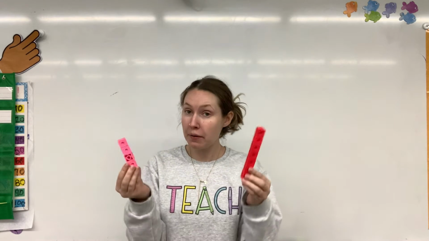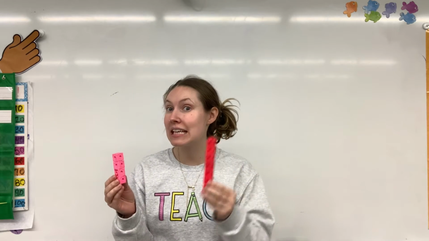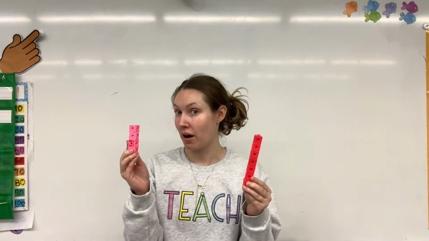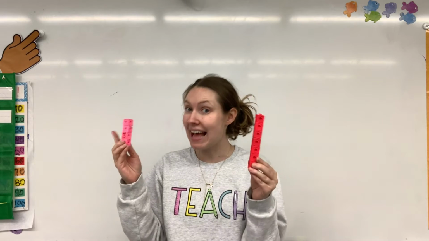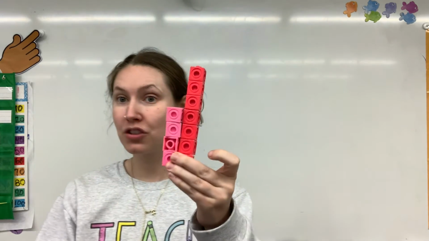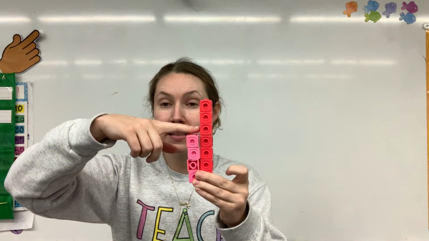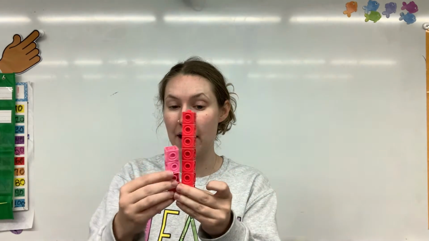So now, how can I compare these numbers? I can say 7 is more than 4. 4 is less than 7. Now, when I stack up my two towers here, I also can see how many more cubes I have.